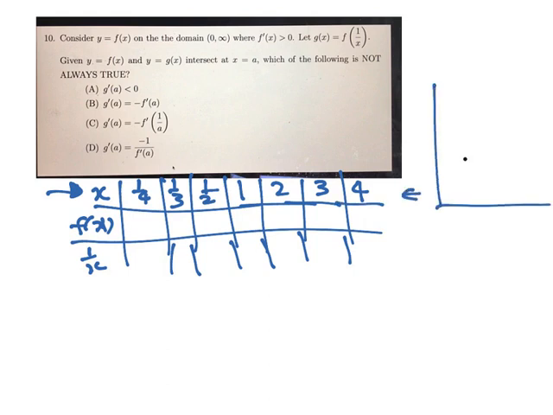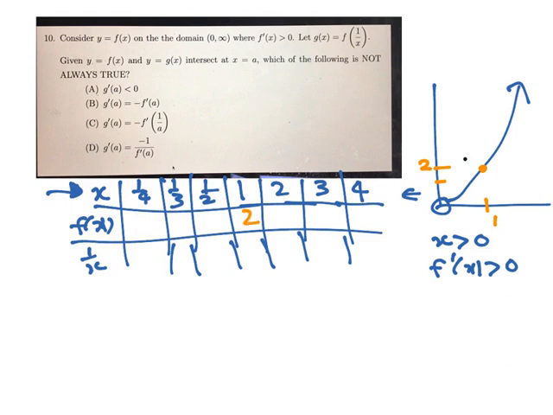So that means that we know that it doesn't start at 0. We know x is greater than 0. And we know that it is increasing. So it would look potentially like that. So if we look at this point at 1, and we just say that was, I'm just making this up, that was 2. So at 1 it is 2.